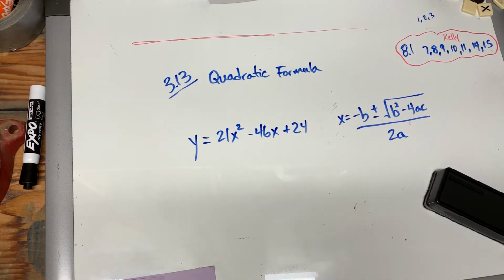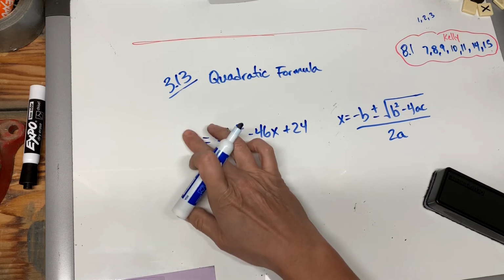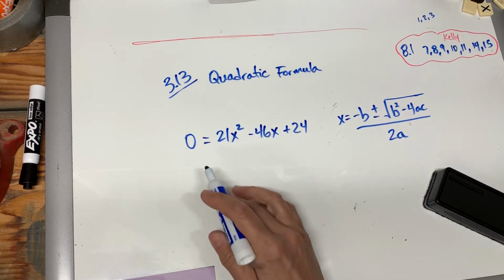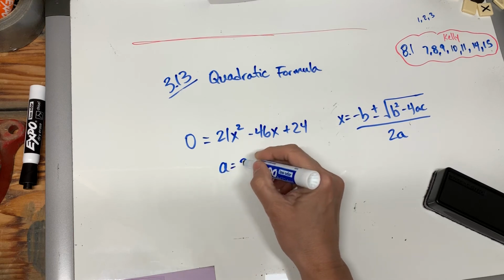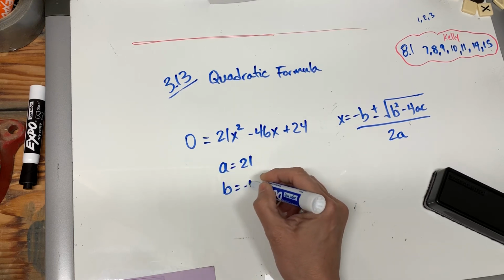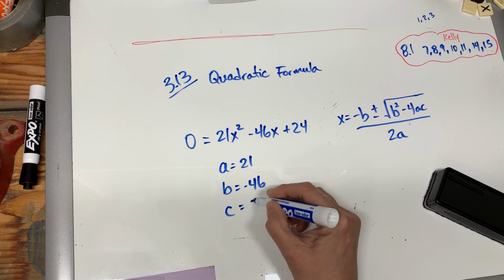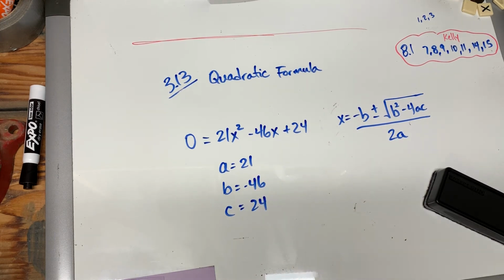And the instructions say find the zeros of the quadratic function. What they mean is replace the y with a 0 and use your quadratic formula. So in my problem, A is 21, B is -46, C is 24. So it's just a different way of asking the same question.